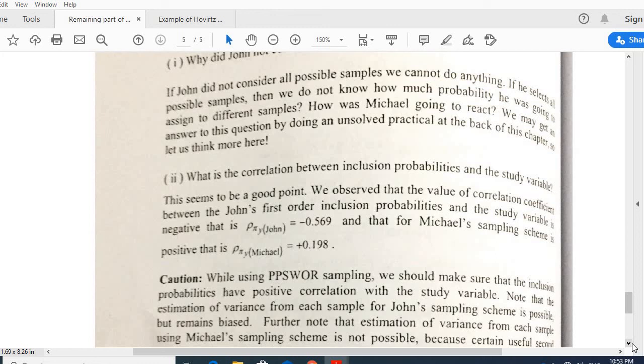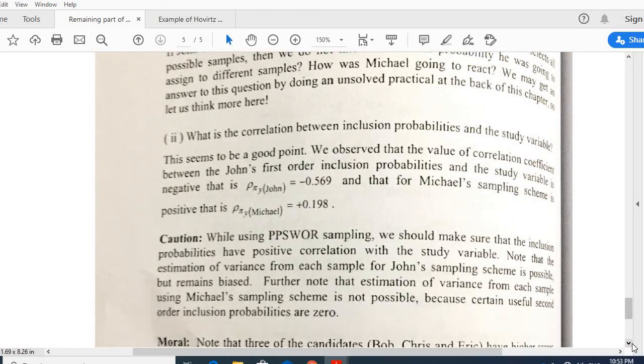Therefore, while using probability proportional to size sampling without replacement, we should make sure that the inclusion probabilities have a positive correlation with the study variable. Note that the estimate of the variance from each sample for John sampling scheme is possible but remains biased. Further note that the estimation of the variance from each sample using Michael sampling scheme is not possible because certain useful second order inclusion probabilities are 0.